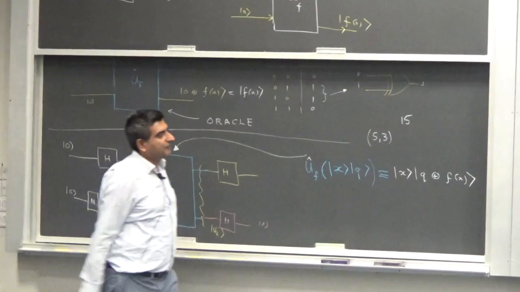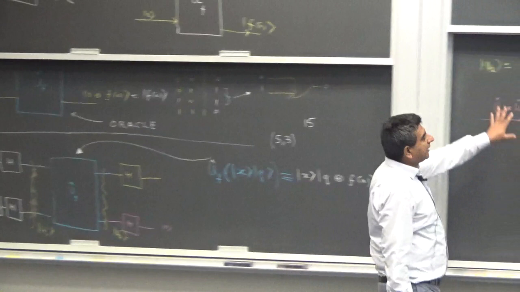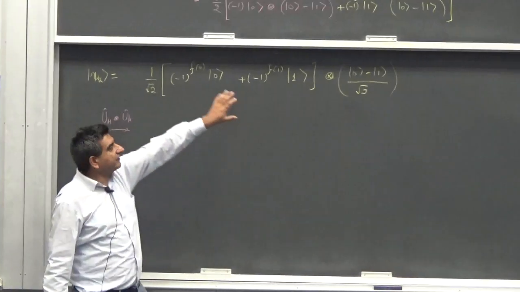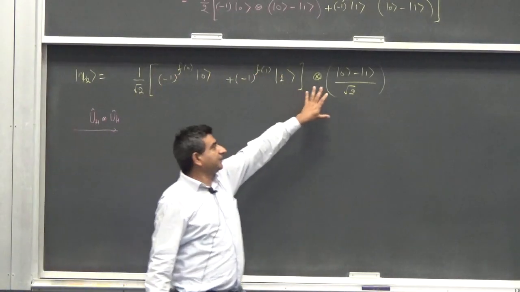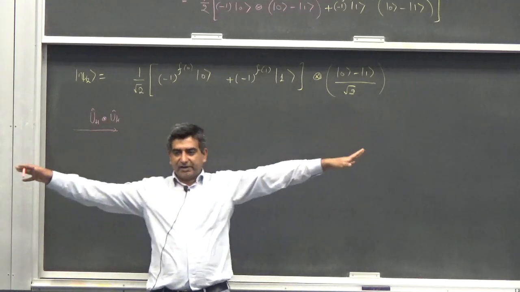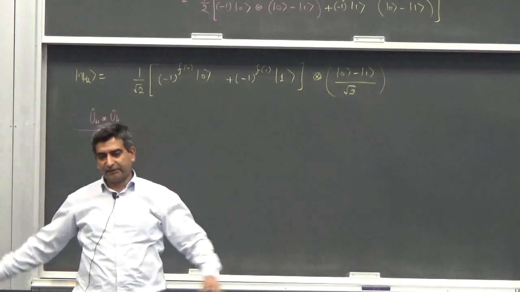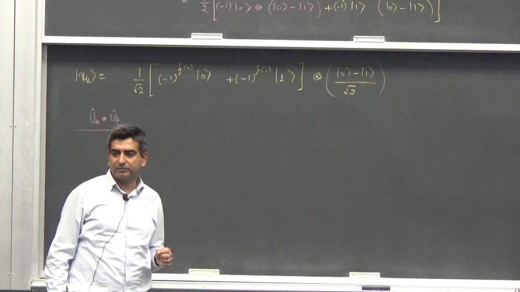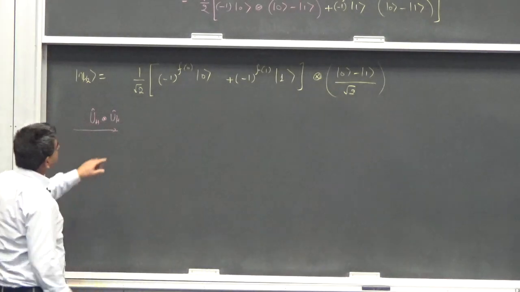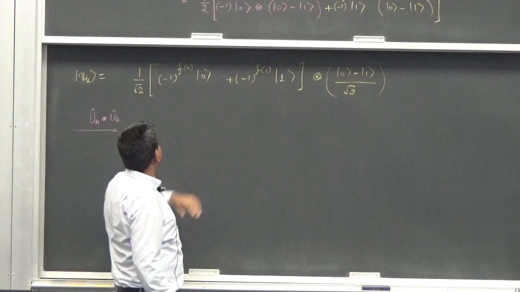But for the sake of completion, let's do this, because now we have a separable state, by the way. We can write down the state of the first qubit and the state of the second qubit. There's no entangling as yet, and there will be no entanglement in this algorithm. So what's going to happen when the Hadamard gate acts on the first qubit?